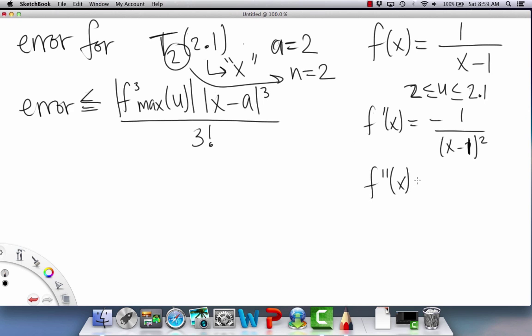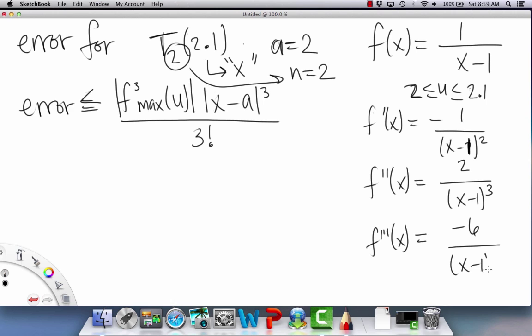F double prime is equal to positive 2 over x minus 1 to the third. And finally, our f triple prime is going to be equal to negative 6 over x minus 1 to the fourth.